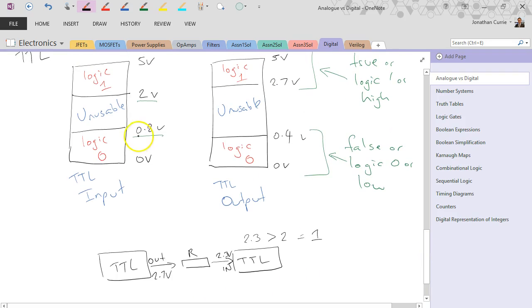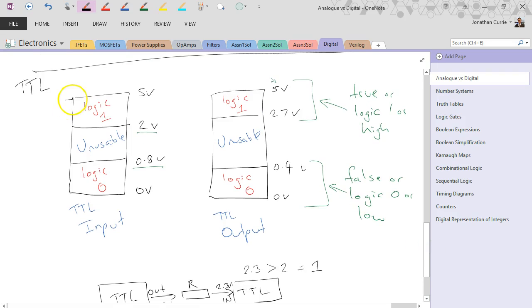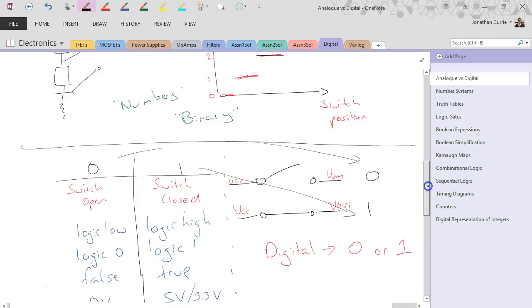That's fine, we're still below the logic 0 threshold. So noting that we have thresholds and usable regions to operate these devices in.